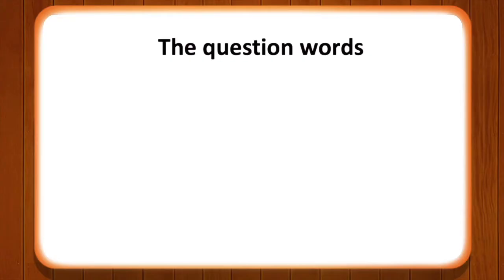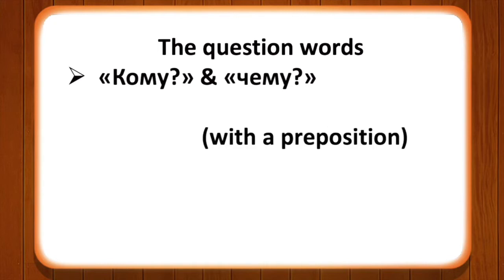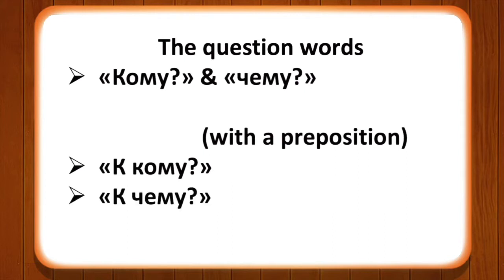The question words are кому and чему for this case. If a preposition has to be used, then the question word also carries the preposition with it: к кому and к чему. Let us see the use of this case.